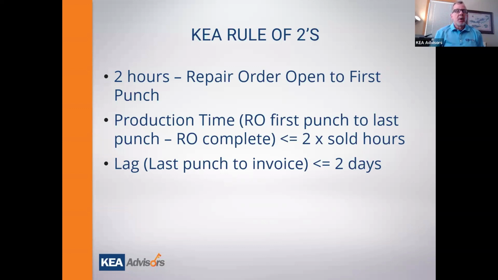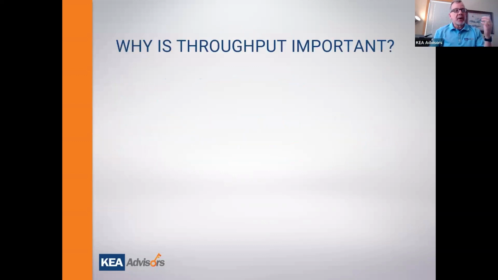Cash flow. Why is this throughput important? Well, first of all, from the customer standpoint, if we can meet those rule of twos, if we have a repair that meets the rule of twos, our studies say that we could be 3.6 days plus better in getting that repair order back to the customer. That's pretty important.